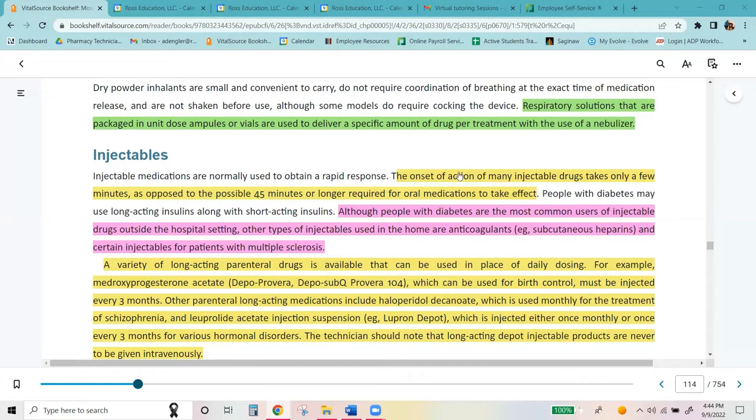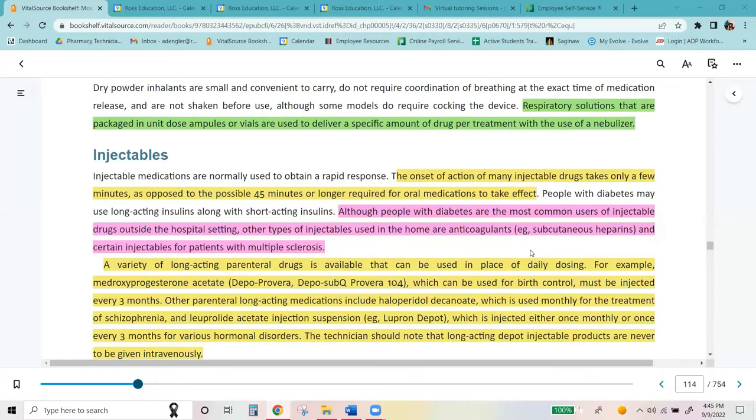People with diabetes may use long-acting insulins along with short-acting insulins. Although people with diabetes are the most common users of injectable drugs outside of the hospital setting, other types of injectables used in the home are anticoagulants, such as subcutaneous heparins, and certain injectables for patients with multiple sclerosis.